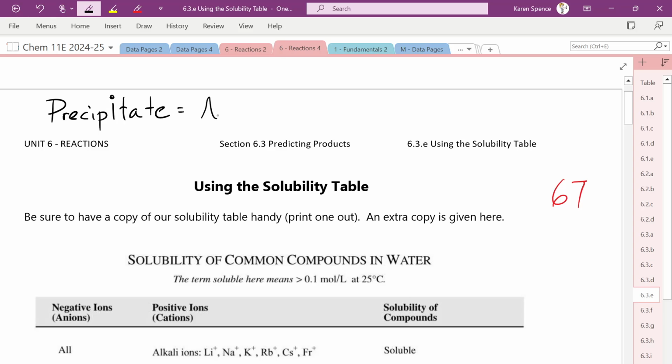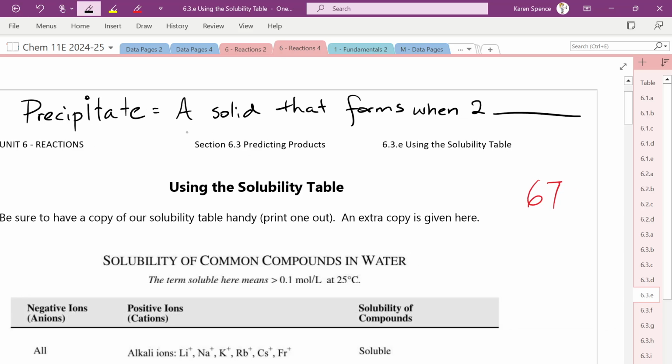It's a solid that forms when solutions mix.